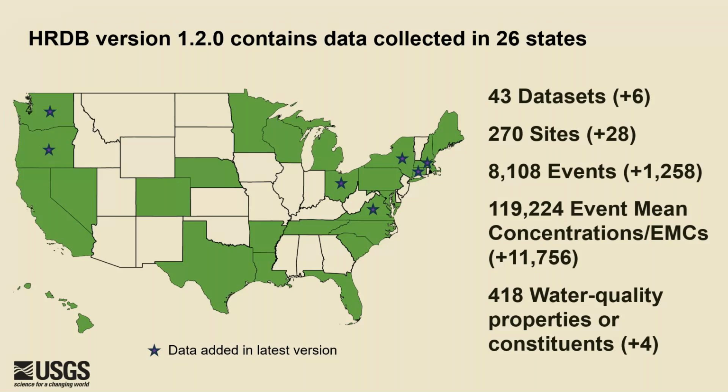The number of new entries added since the previous version are shown in the parentheses. And then there are EMCs for 418 water quality properties or constituents. However, the database can accommodate thousands of different types of water quality properties.